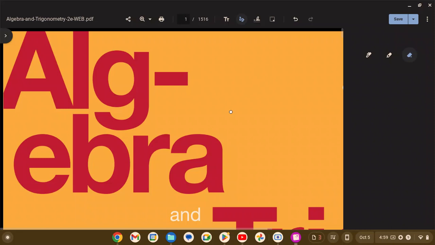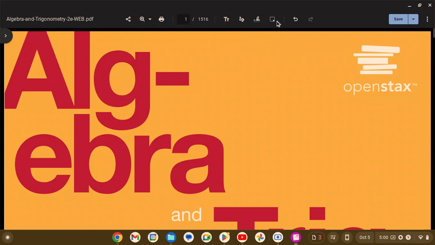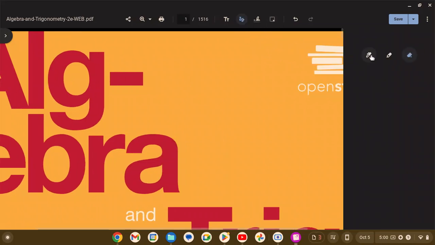It's time to start dissecting a textbook. I want to kind of play around with that. Downloaded the book onto my Chromebook. And I'm able to use my little draw pad on here.